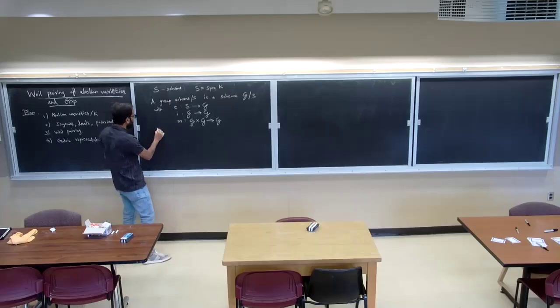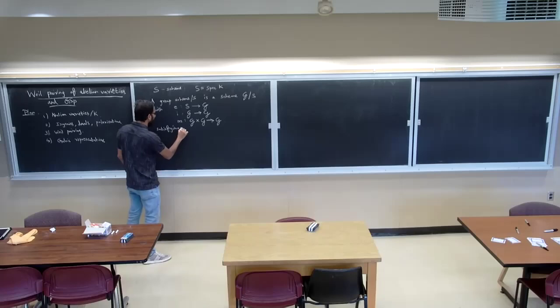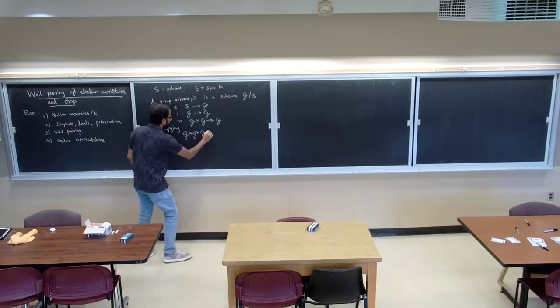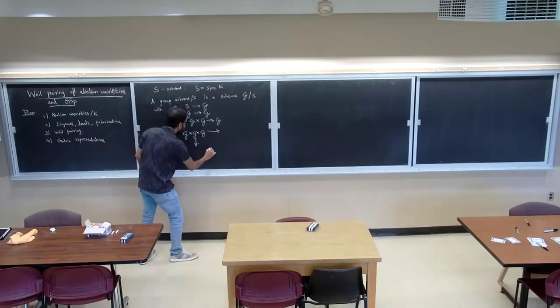For example, the associativity law will be this commutative diagram.